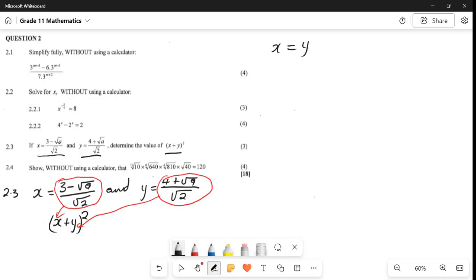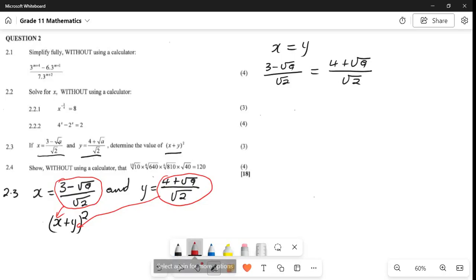If we are equating it to y, then the value of x is 3 minus square root of a over square root of 2. The value of y is 4 plus square root of a over square root of 2. So what we can do here is cross multiply.